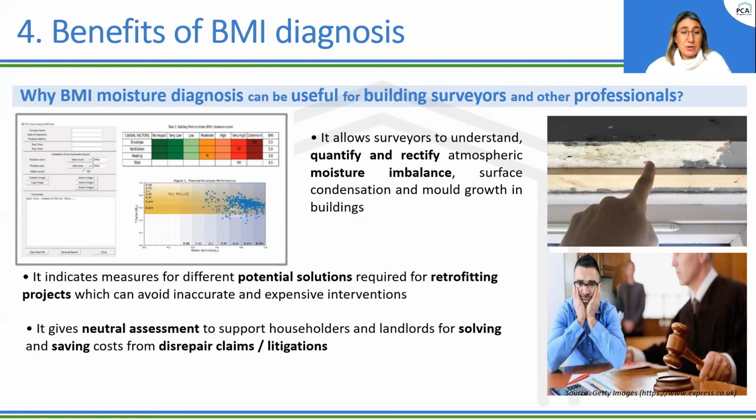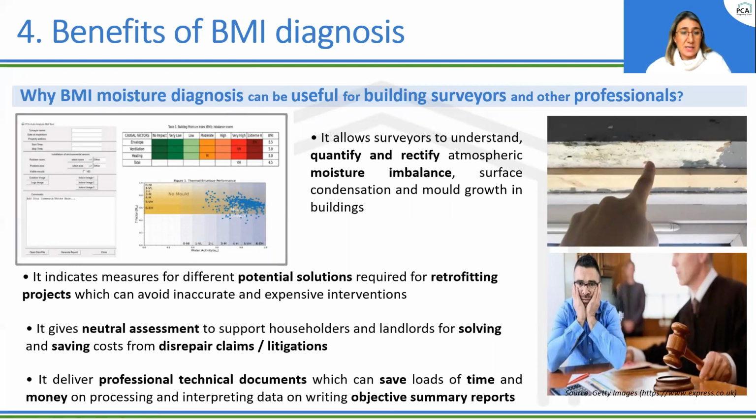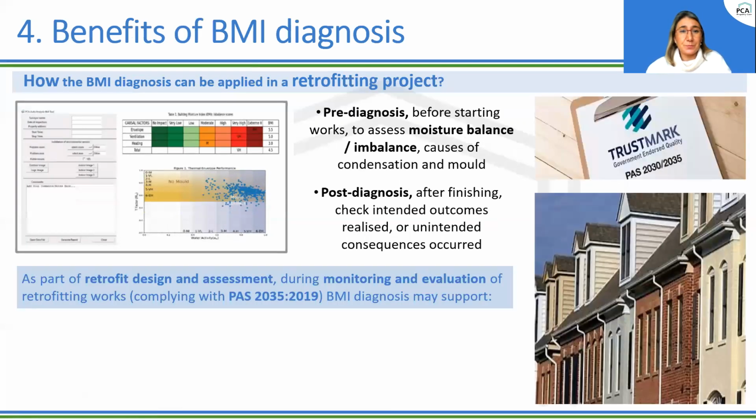And it provides a neutral assessment to support householders and landlords for solving and saving costs from these repair claims. And then, as I said, it delivers professional technical documents, which can save loads of time and money by processing the data and interpreting the data. And also, it provides objective summary reports.